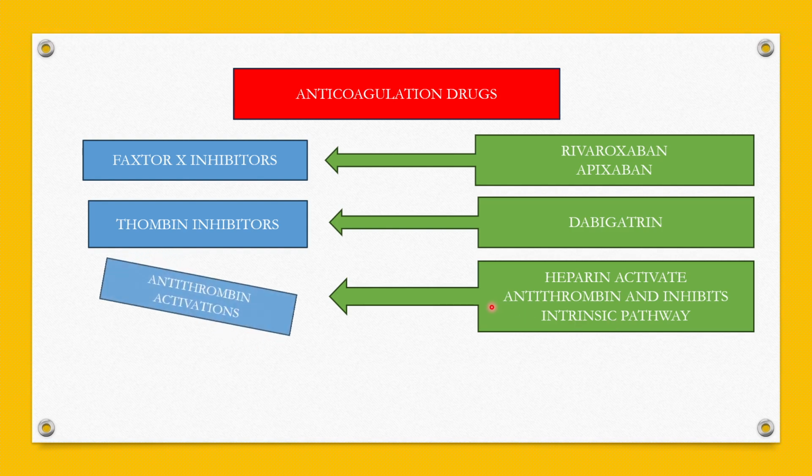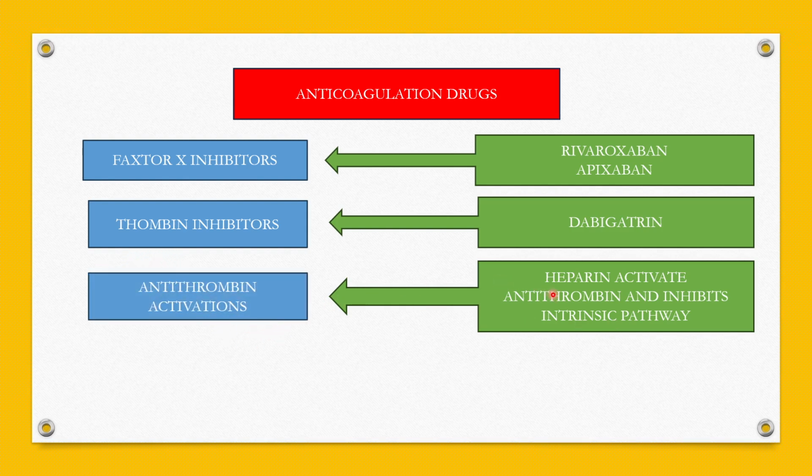So actually the high molecular weight heparin will require monitoring with the APTT because it inhibits the intrinsic pathway, while the low molecular weight heparin, which is enoxaparin, will not require APTT monitoring because it does not inhibit the intrinsic pathway.